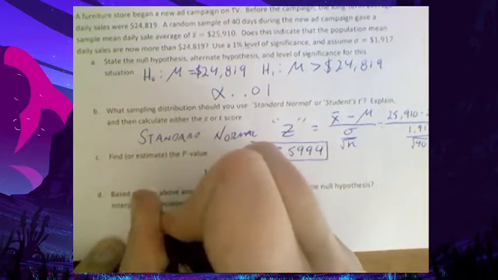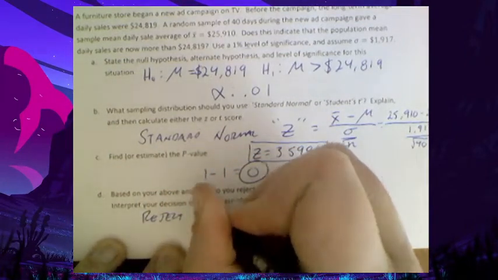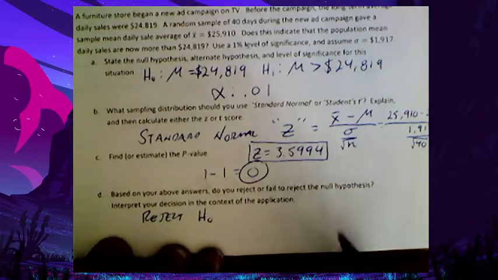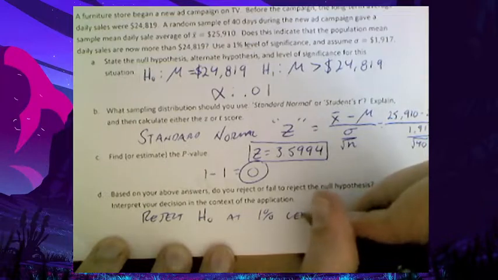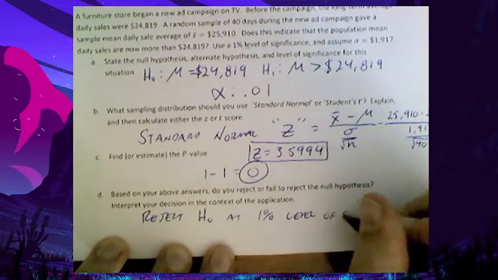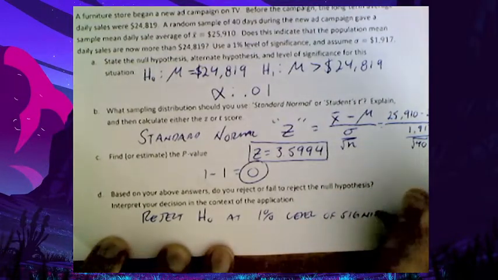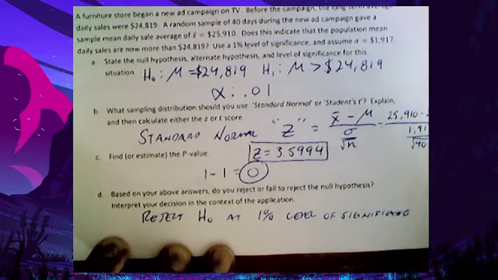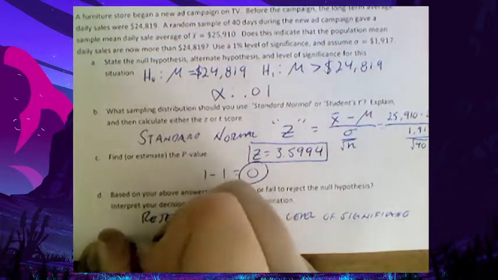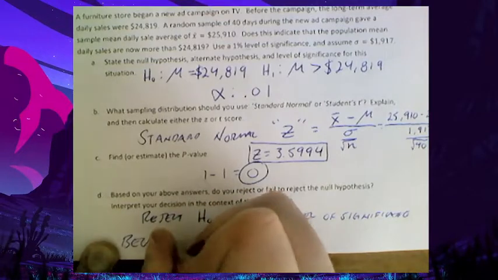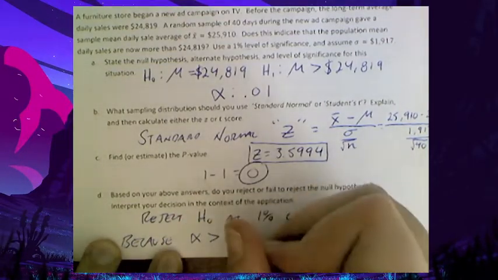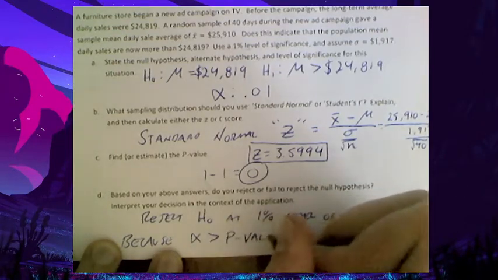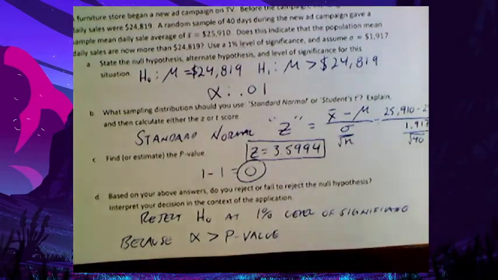So I will reject the null at the 1% level of significance, because our alpha is greater than our p-value.